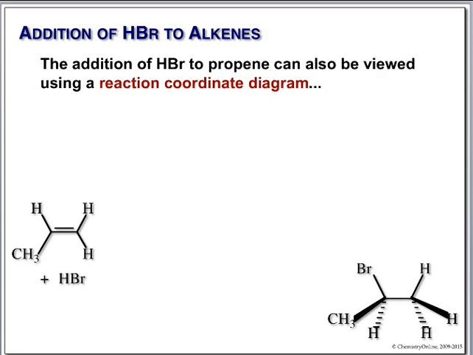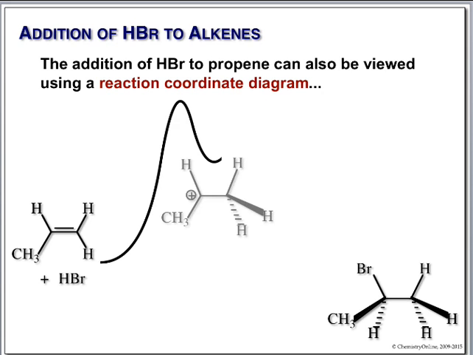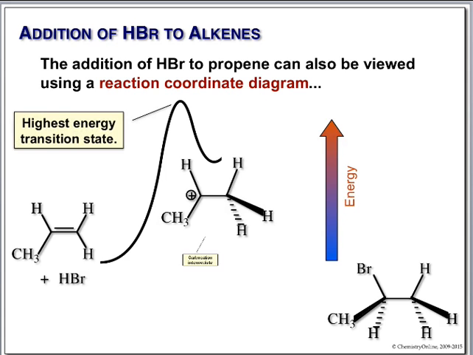Unlike the SN2 reaction we looked at, this is going to have an intermediate. The intermediate is the carbocation. We're going to start at the ground state energy here, go through a transition state to form the intermediate. The intermediate is going to be our carbocation.